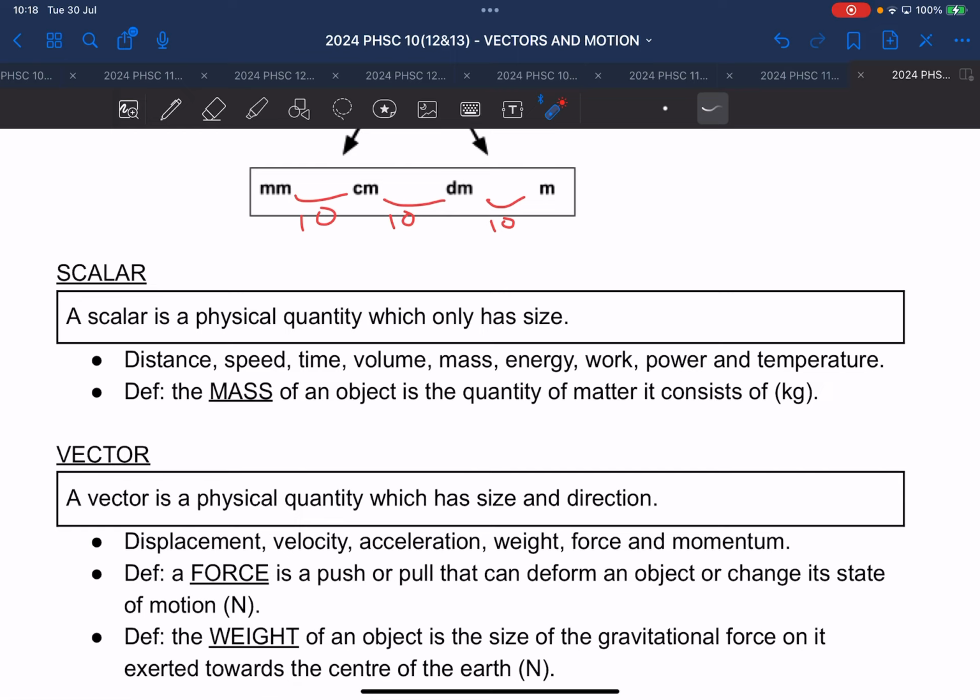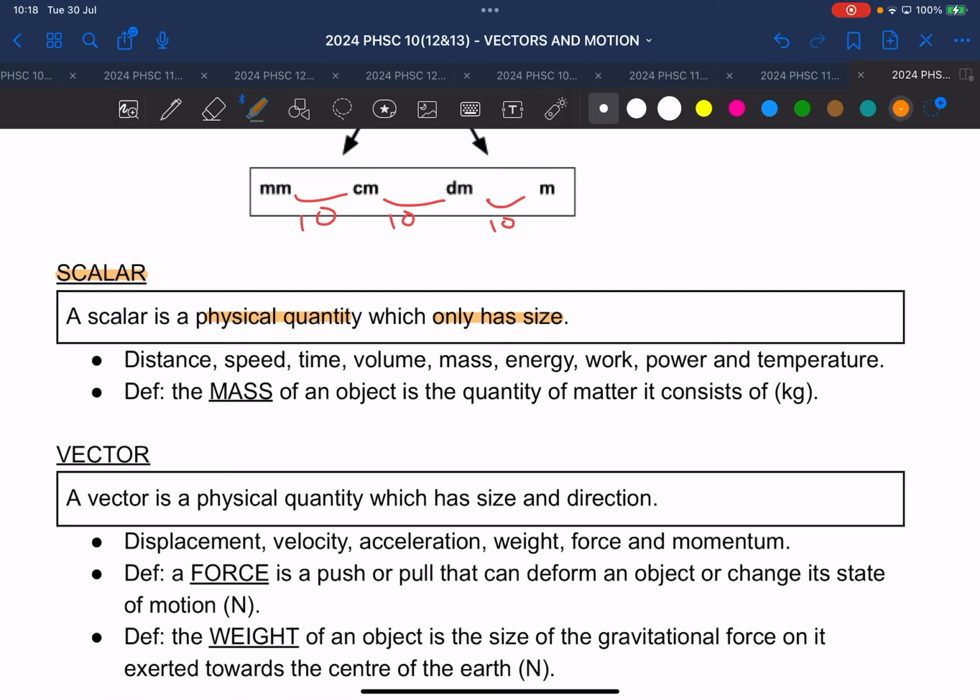And what is a scalar? A scalar is a physical quantity, like mass or time, which only has size. For example, let's highlight: a scalar is a physical quantity which only has size.